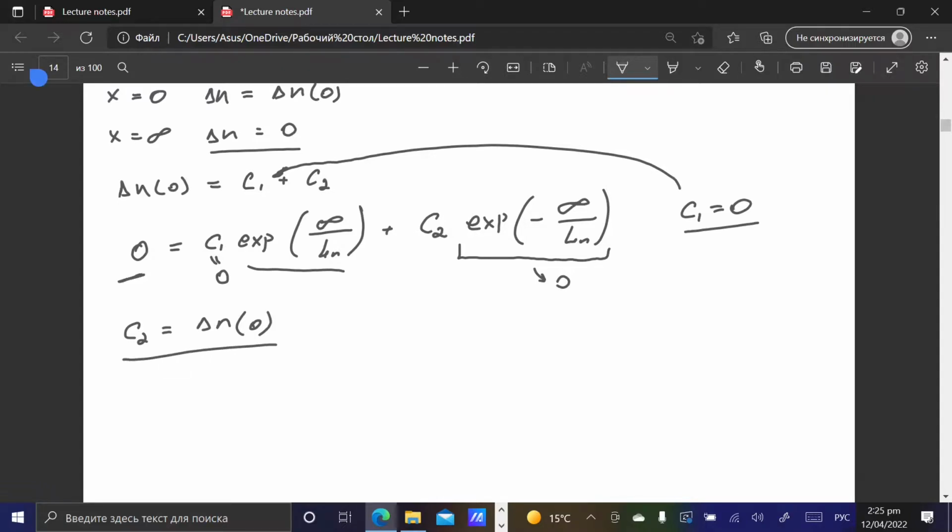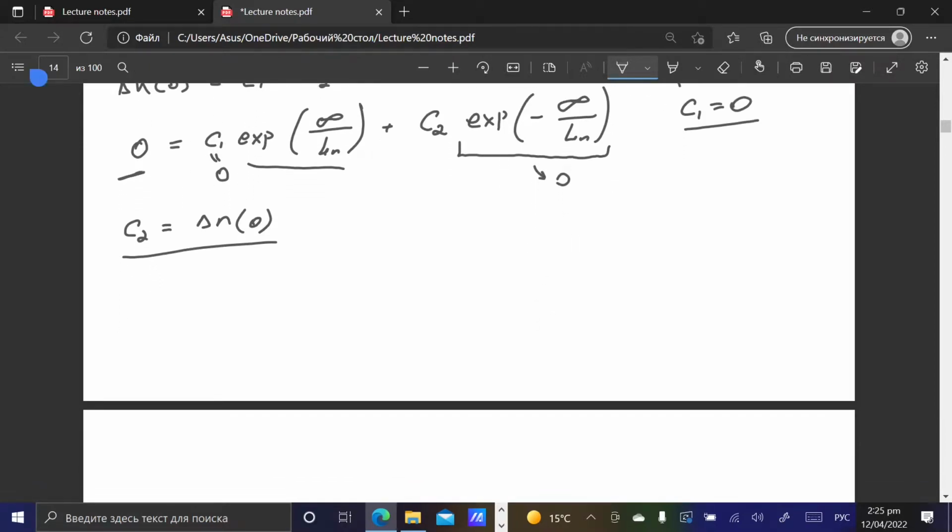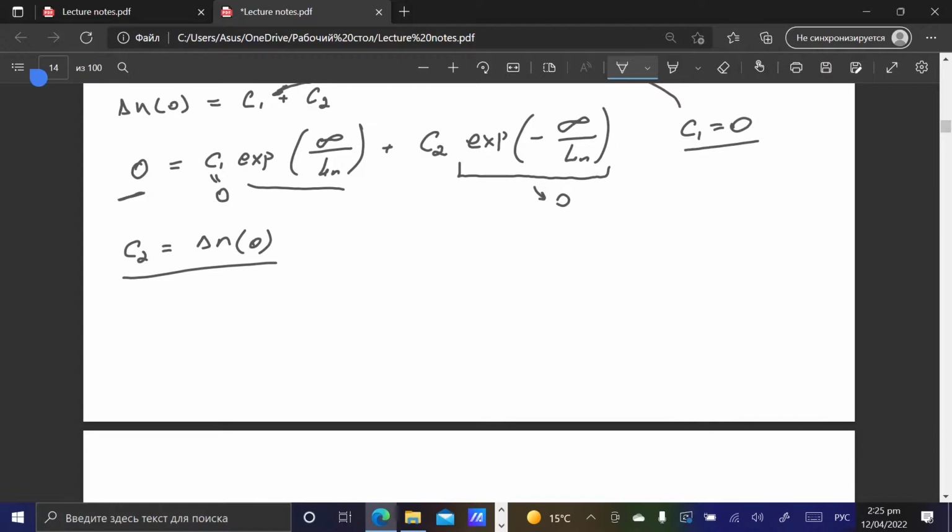So we got our constants, and the solution of our specific case, taking into account these boundary conditions, will be delta n as a function of x equal to delta n at 0 times exponent minus x divided by Ln.